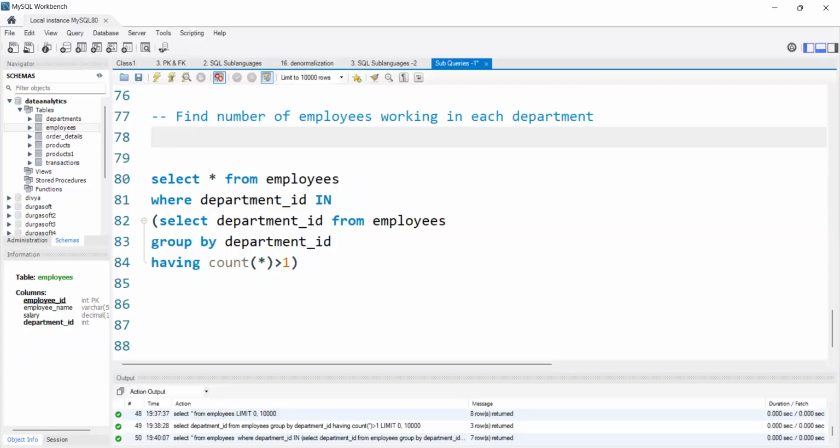Every time we understood which tables to join and what the common column between them is, and according to the requirements we may use other clauses like group by. The subqueries are not that complex, but the concept is: we need to divide the question into two parts, write the subquery first, then the outer query, and according to the output of the subquery, we need to write the operators here.